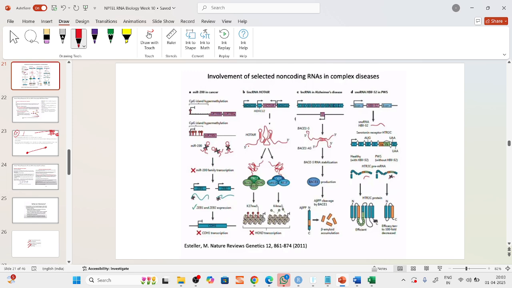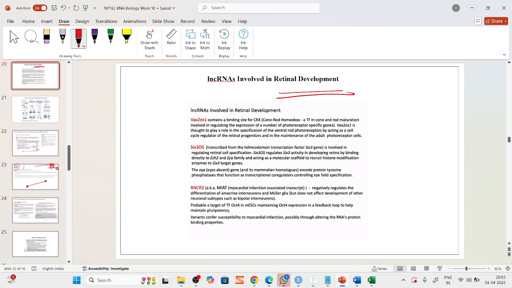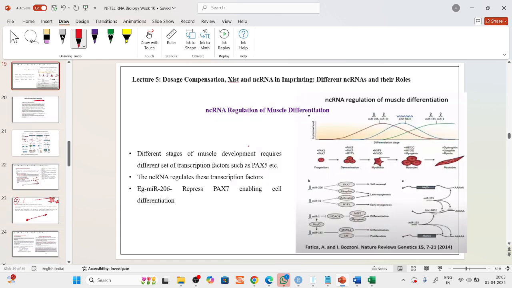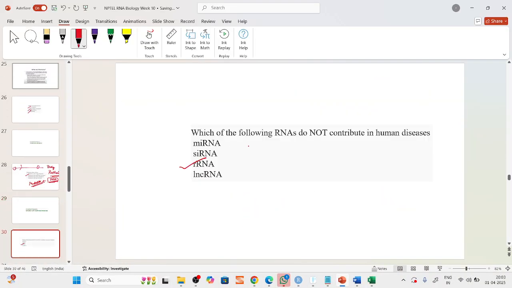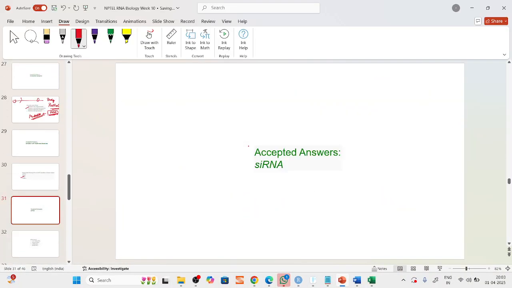Alzheimer's disease is there. miR-200 is involved in cancer. Then there is retinal development, that is also one of the areas where it is involved. It is also involved in muscle differentiation. Because they are involved in different cell metabolic and cellular phenomena, and each phenomenon is linked to some kind of a disease.